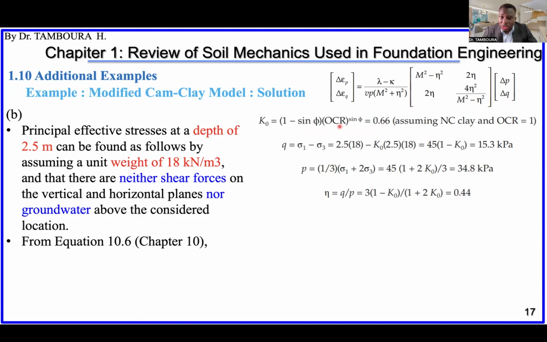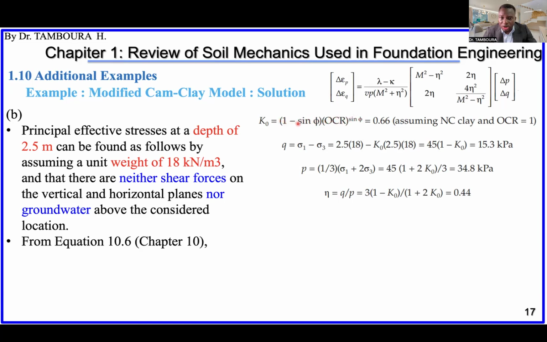Okay, we are considering normally consolidated clay, so the over consolidation ratio is 1. So replacing this by 1, and the phi, we have it here, it is 20. Since this is 1, we can neglect this.